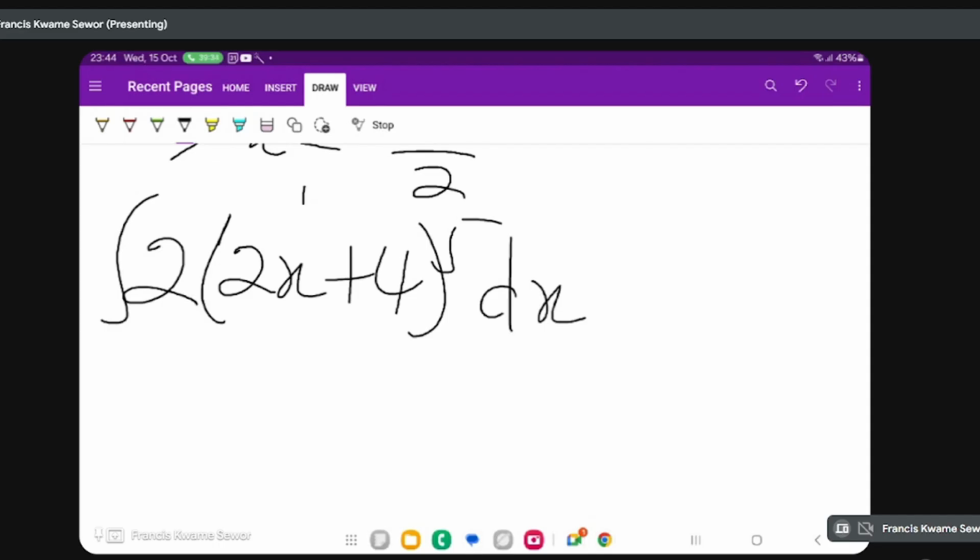Yes, it works, because when you differentiate the inner function, you get 2, and that 2 can also cancel the 2 outside, so you get maybe u to the power 5. Then you integrate that one. Then you put it back. Yeah, that's correct.